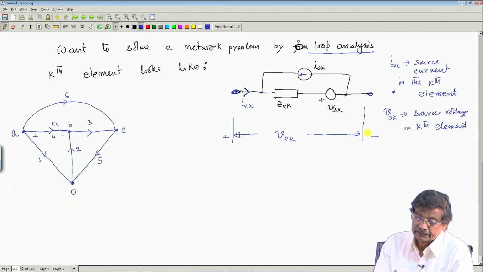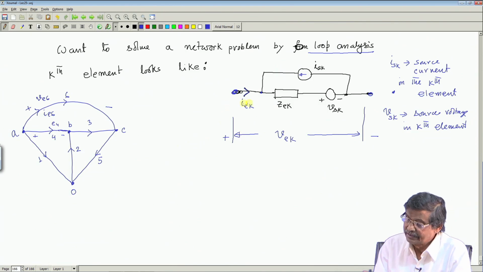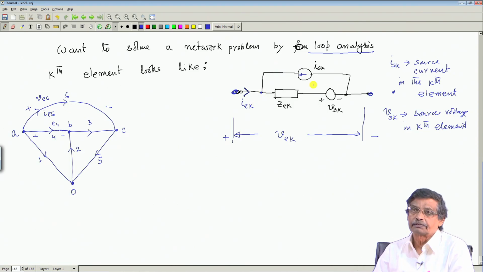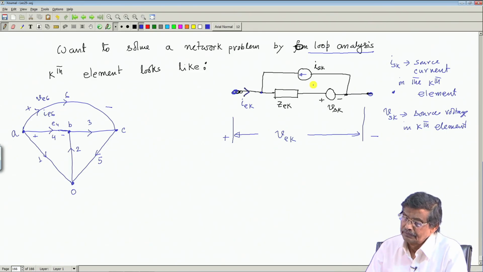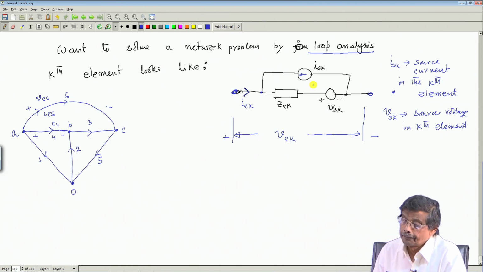That is, for this element, this is plus, this is minus, and this is VE6, and this is IE6. In some branches only impedances will be present, then VSK will be 0 and ISK may not be present in most of the cases. Few branches will have sources, but in general this will be the thing.